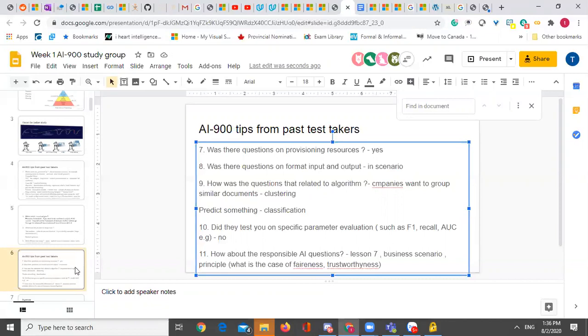All right, so we went through the tips from past test takers. Do you have any questions or any comments that you want to add before we move into other sections?